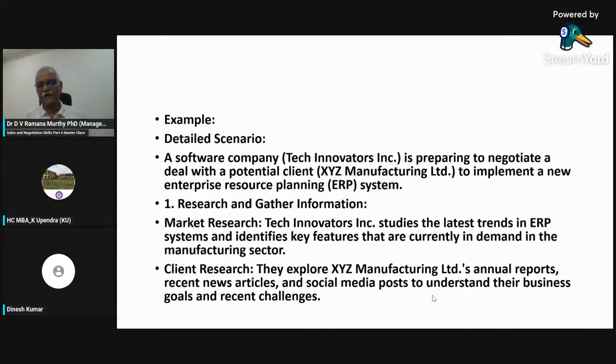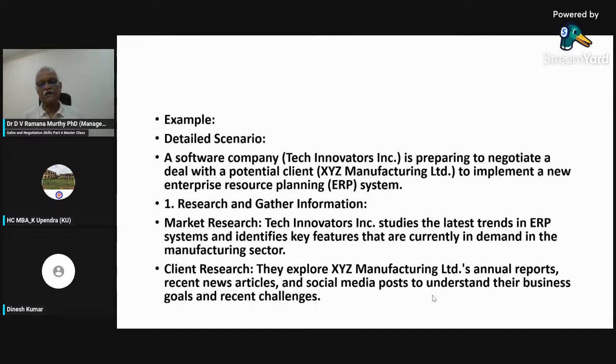XYZ Manufacturing Limited is to implement a new ERP system, enterprise resource planning, and you're going to sell this, suggest this, and guide them on the new possibility of implementation of the new enterprise resource planning system.